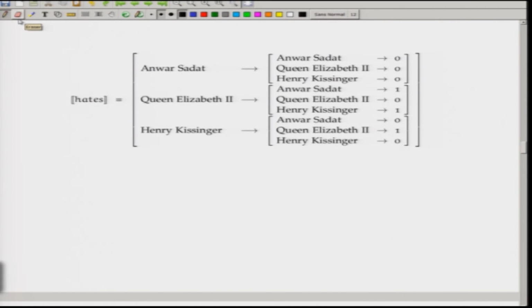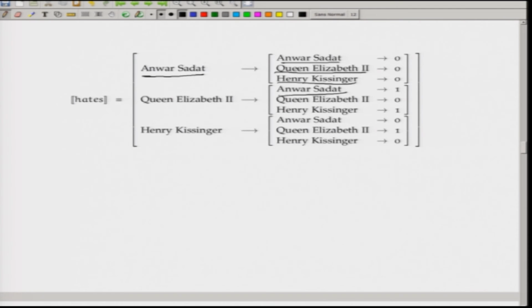Here is the meaning of hates, similar things. So, this is not the hater, this is actually the person hated, and here is the list of haters. So, actually this list somehow means that Anwar Sadat hates himself, Anwar Sadat does not hate himself, Elizabeth does not hate Anwar Sadat, Henry does not hate Anwar, but yes, Anwar hates Elizabeth, because this is 1.